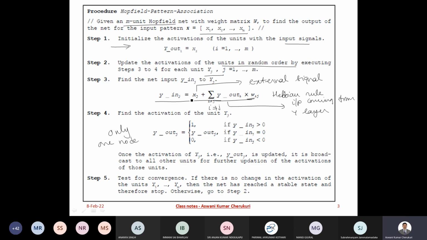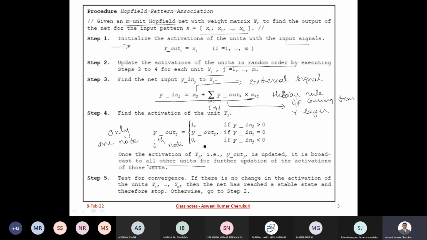Okay, that means your jth node. Which is that node? Jth node. So once the activation of the jth node is updated, then what happens? That updation is broadcast to the other nodes, that means Y1, Y2, Y3, so on, the remaining nodes, the m number of nodes in the network.